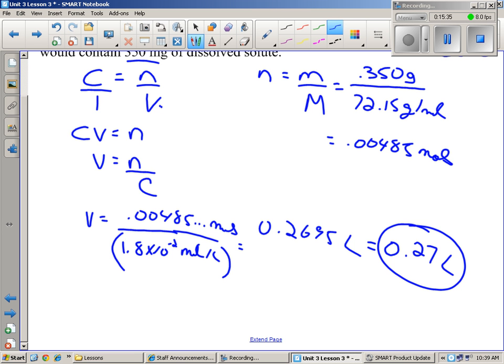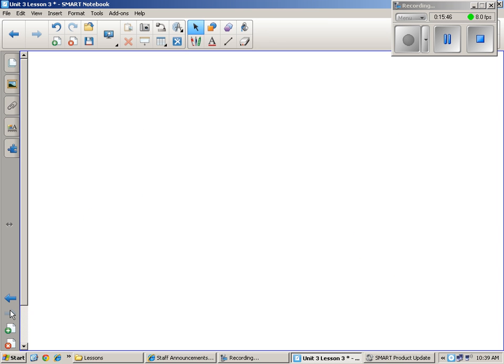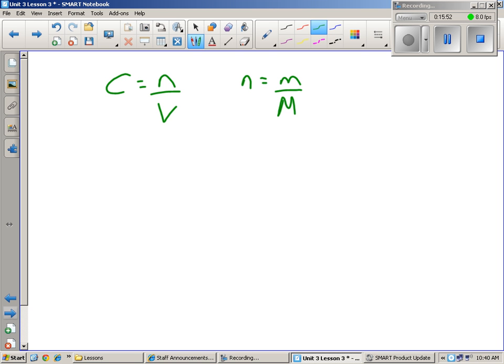Now, just a few things to note here, and then we're pretty much done. That's it. That's all there is to it. Once again, you could be asked to solve for any one of those variables. Just remember, of course, that you might be asked to solve for the mass. How many grams do I need to use? Well, we'd have to give you this and this. You could find that, which, by the way, would be the same as that.